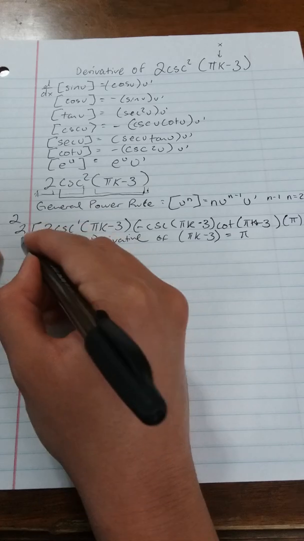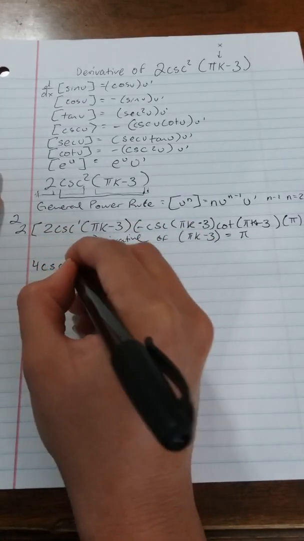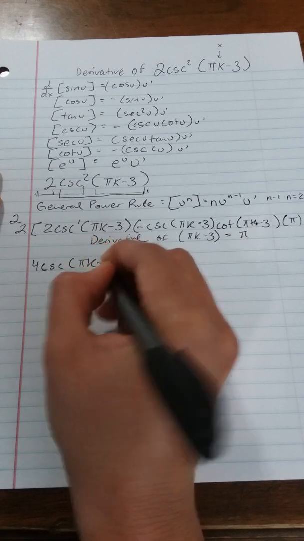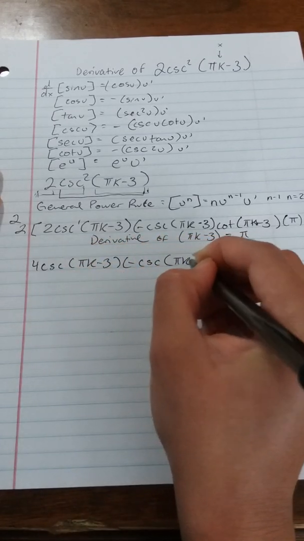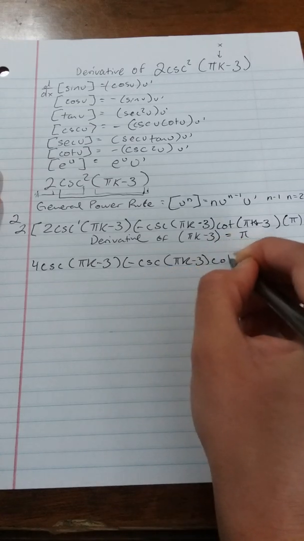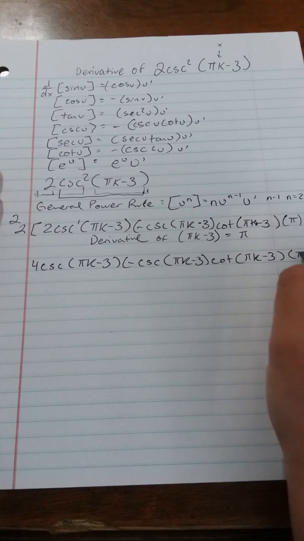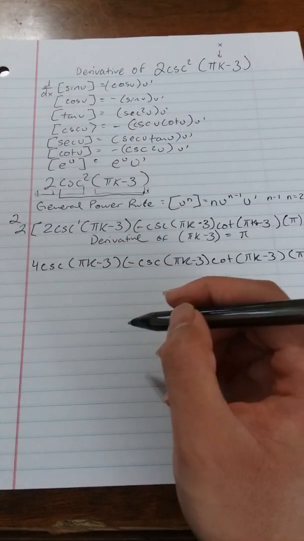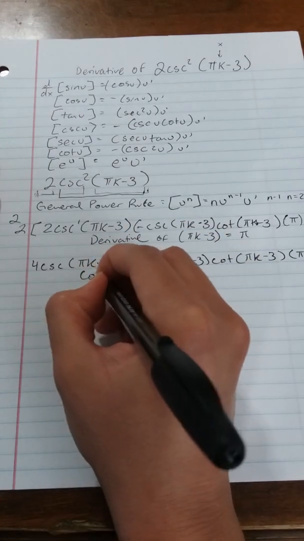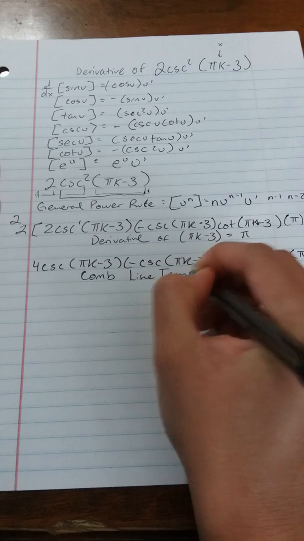First, we multiply the 2 and the 2 to get 4 csc (πk - 3) times negative csc (πk - 3) cot (πk - 3), and then we still have that π at the end. Now we're going to combine like terms or simplify.